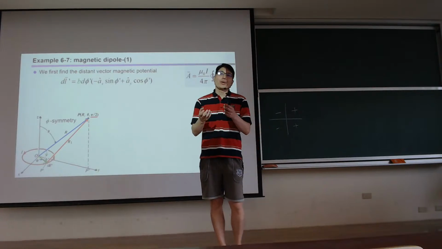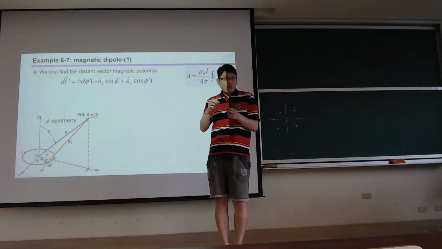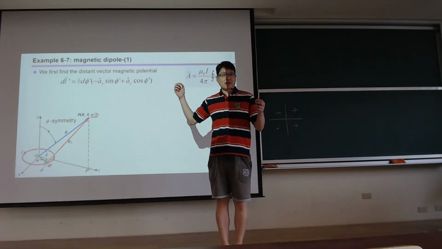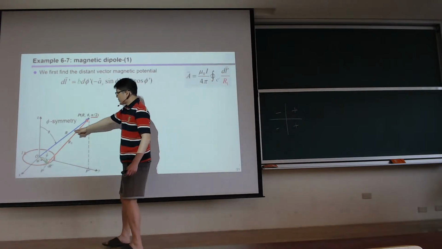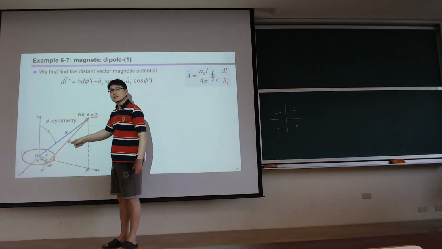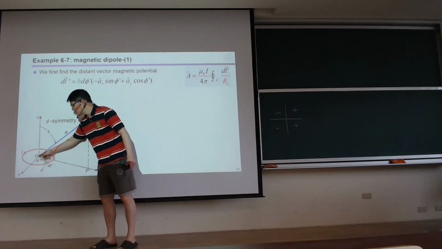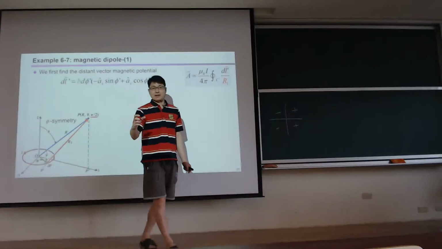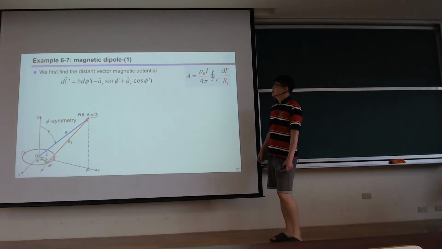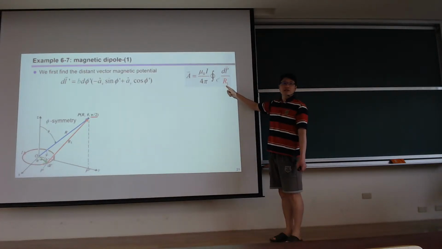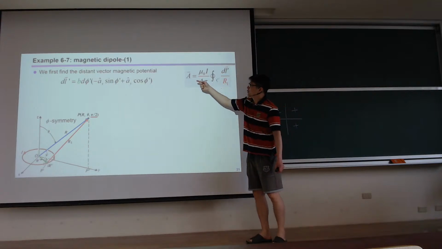Again, what we're interested in is when our observation point is very far away from this dipole. Okay? Which means this R or this R1 magnitude is very big as compared to the radius of the dipole. So this equation is now going to be used because this is something we work with, right?